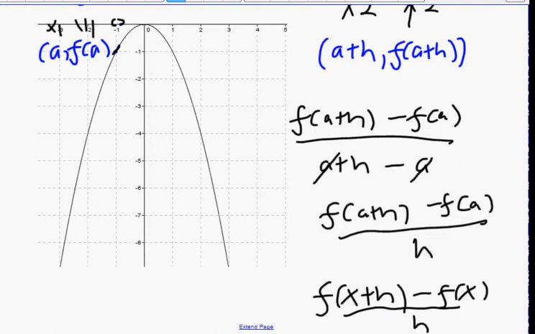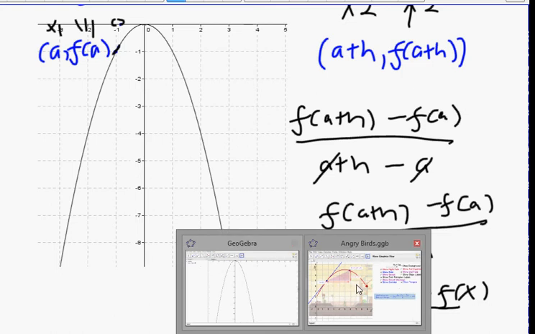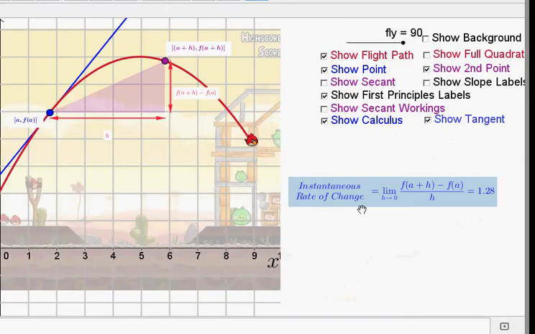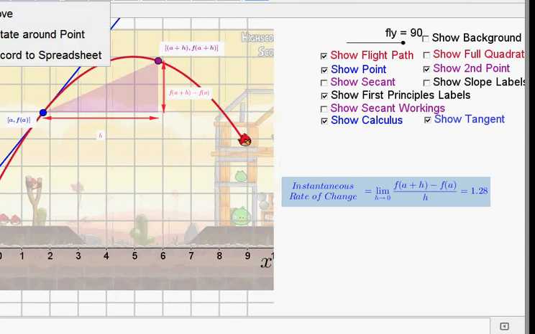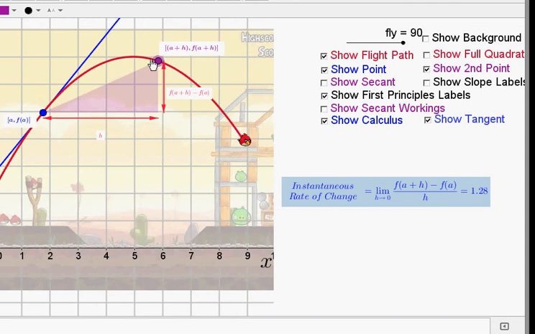If we look back at the Angry Bird part, this is the rate of change between the two points. Now look what happens when I change this point using this move. Look what happens as I move it down.